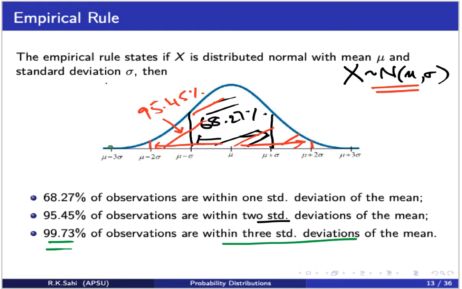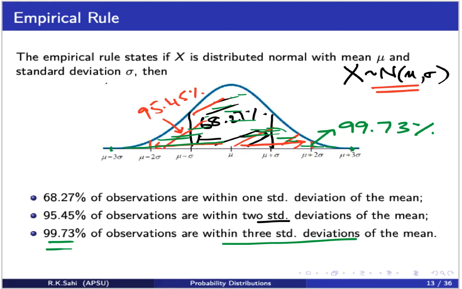So you're basically very close to the axis, almost touching it. So all the green part, guys, which goes beyond the red here, is including 99.73% of your observations. Okay, so that's our empirical rule.